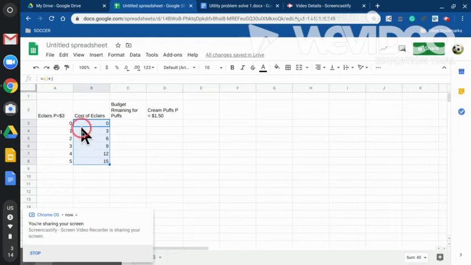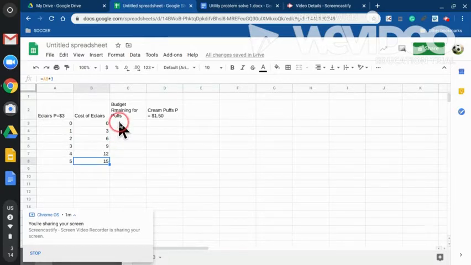And you'll notice that the quantity of eclairs of 5 is $15, and my budget is only $12. So I don't have to worry about the quantity of eclairs being part of my answer because that's already out.